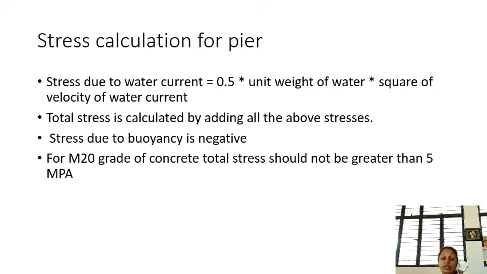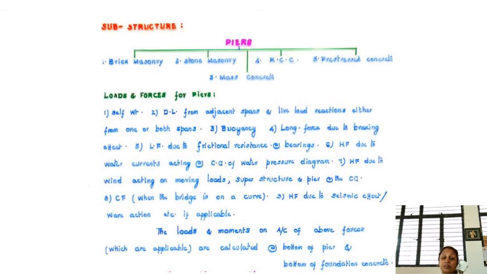So the stresses due to water current, wind forces, the live load and the eccentricity of the live load should all be calculated at the base of the pier.